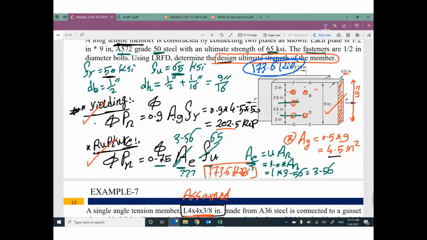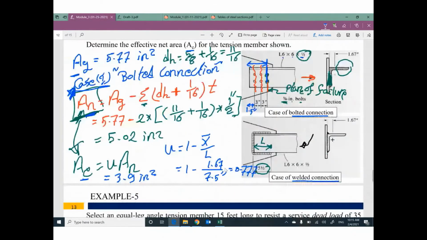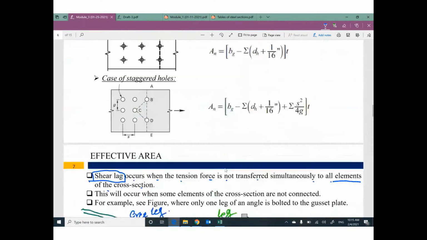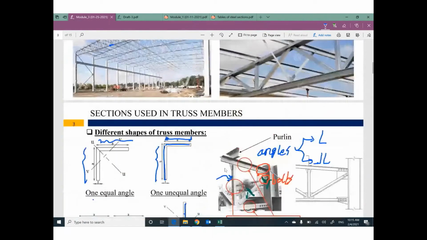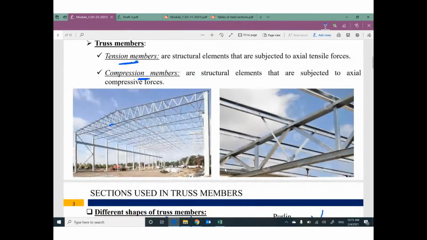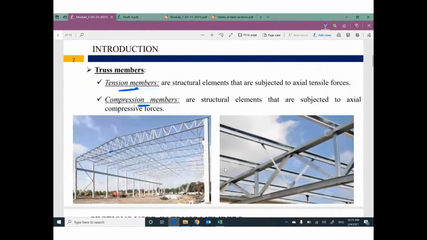Guys, does anybody have any question about how to design tension members in the truss? And just for your information, for practice, for reality, can you watch this truss? Do you think each member has a different cross section?